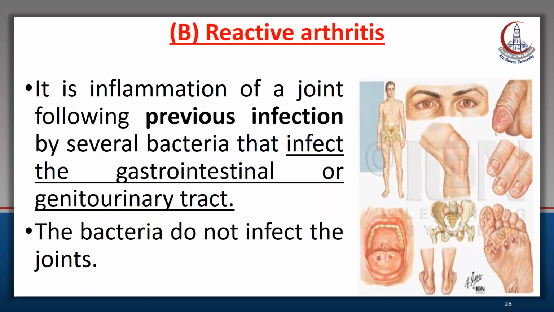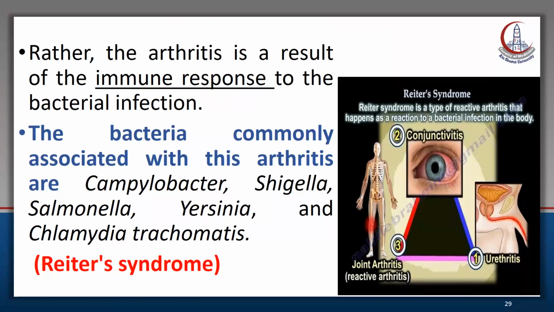No bacteria infect a joint. Rather, the arthritis is a result of the immune response to the bacterial infection.